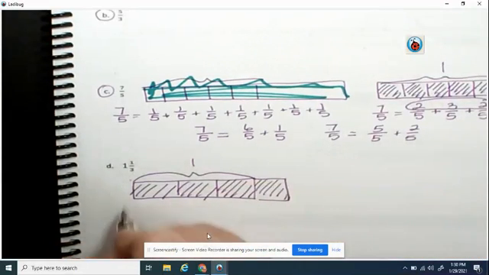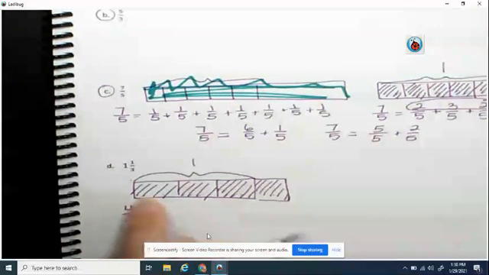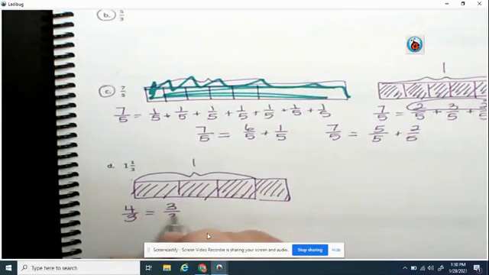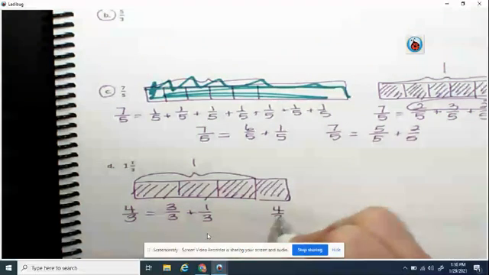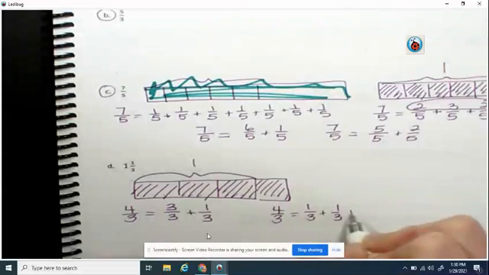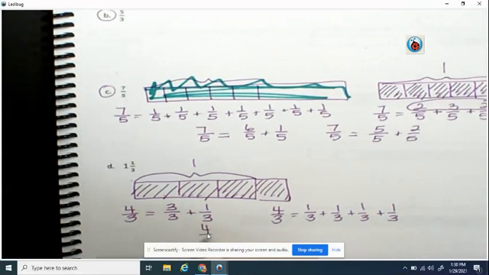So 1 whole plus 1 third means I've actually got 4 thirds, because there's 3 thirds in my whole plus 1 more third. It was important for me to know that that was going to be 4 thirds, because if I'm going to do this as unit fractions, I need to know that that would be 1/3 plus 1/3 plus 1/3 plus 1/3, 4 times. And then here we're going to do 4 thirds is also equal to 2 thirds plus 2 thirds.